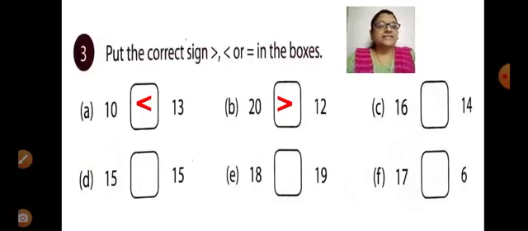Next, 16 dash 14. 16 is more than 14. Next, 15 dash 15. 15 is equal to 15, so put equal to sign. Next, 18 dash 19. 18 is less than 19. Next, 17 dash 6. 17 is more than 6.